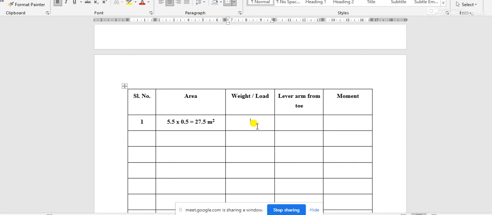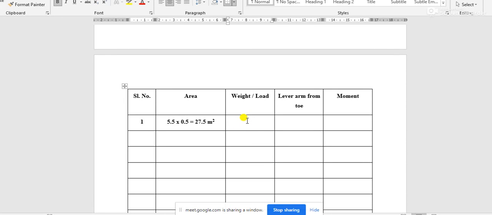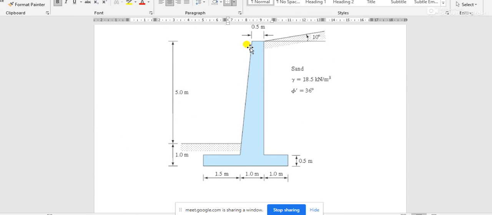Okay, now if we consider the length of the retaining wall, that dimension is perpendicular to the screen, the length of the retaining wall is 1, and then the volume of this part is 2.75 meter cube multiplied by the unit weight of the material of the retaining wall. Now if this is a cantilever retaining wall, then we can assume that it is made of RCC, reinforced cement concrete.